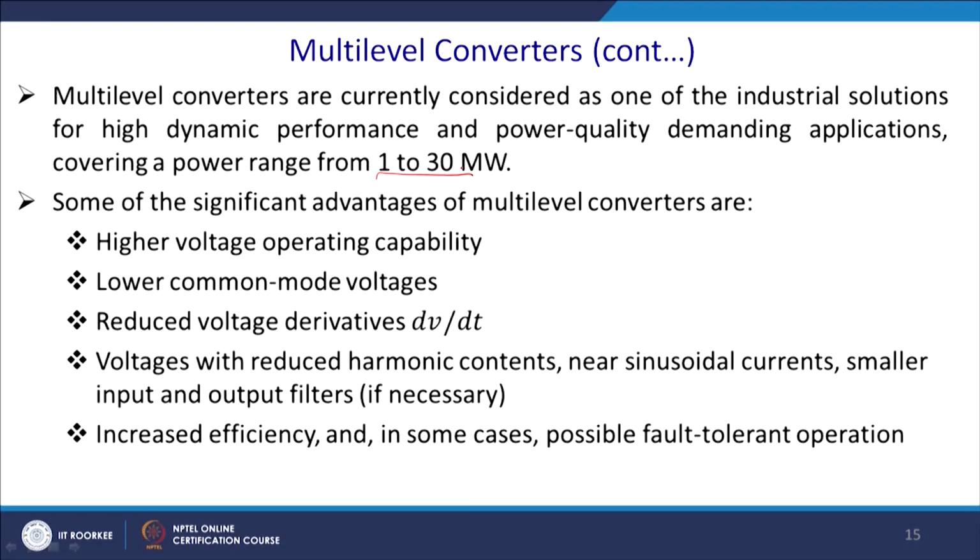Some of the significant advantages of multi-level converters are higher voltage operating capability, lower common mode voltages, reduced voltage derivatives, voltage with reduced harmonic content, near sinusoidal currents, smaller input and output filters if necessary, increased efficiency, and in some cases possible fault tolerant operation.